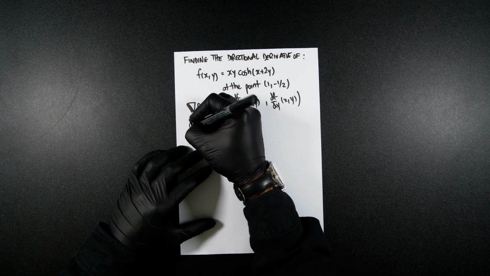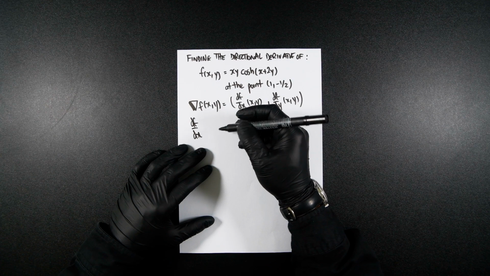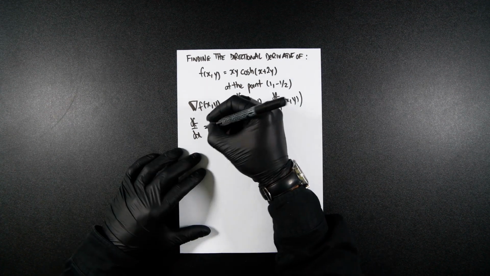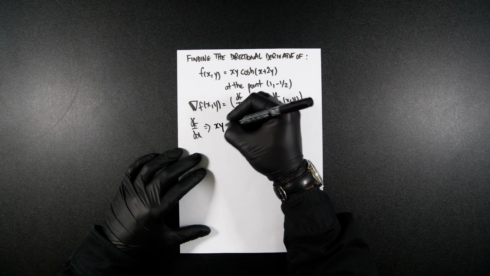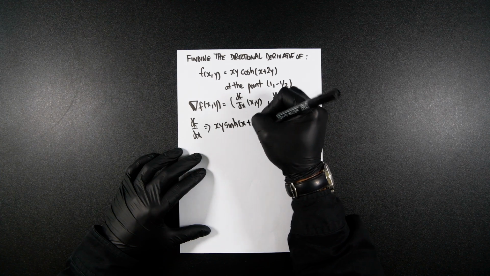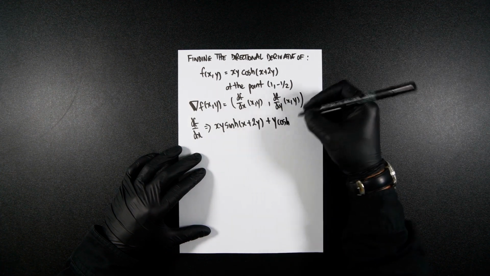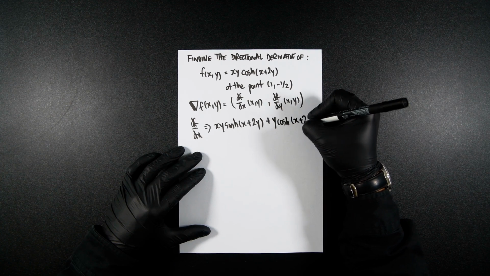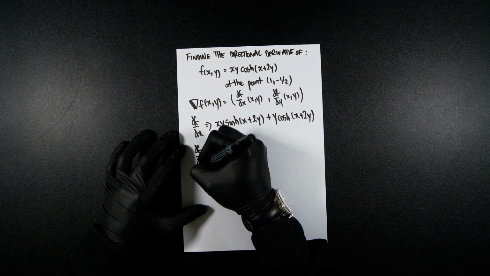So for df/dx, we have an x term, we have two x terms, so that means we have to use the product rule. So df/dx is x y sinh(x+2y) plus y cos(x+2y). Then we have to do df/dy.